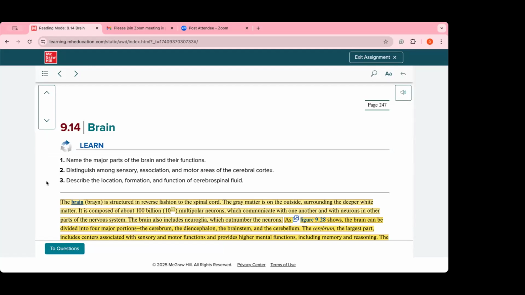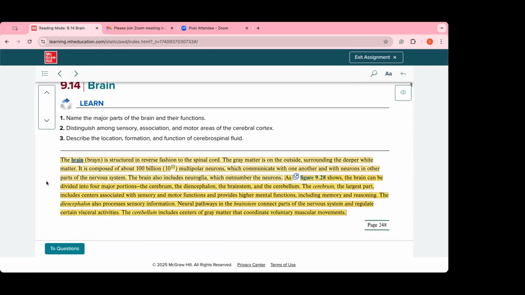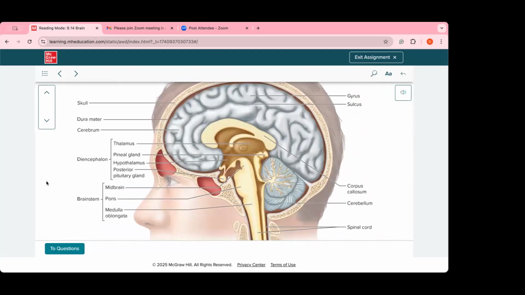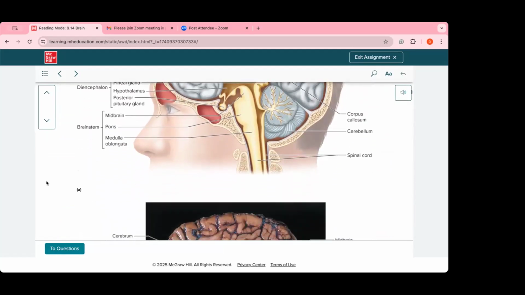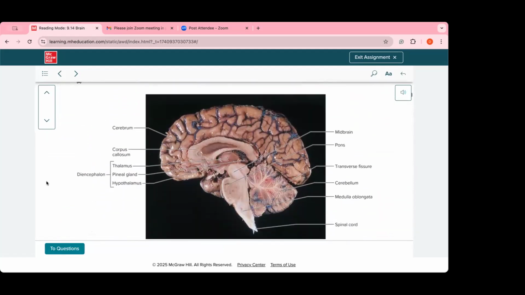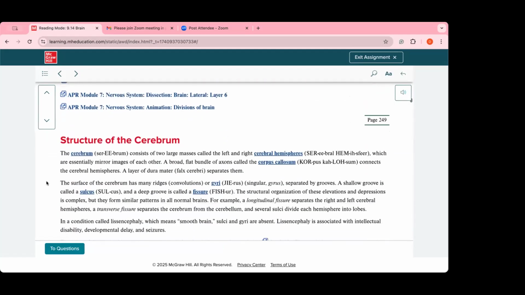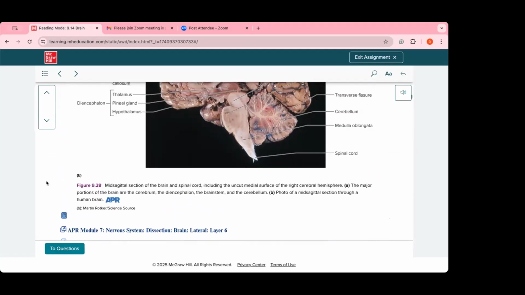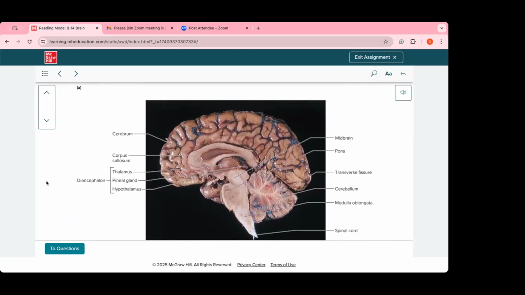Let's scroll down under the yellow part because it was talking about how it's organized differently from the way the spinal cord works. Go back up to the brain again, the picture, because I want to see where the gray matter and the white matter is, but that's not showing me that.